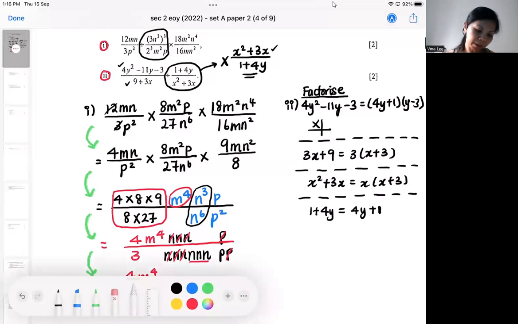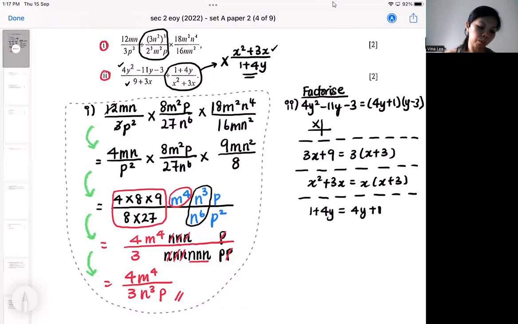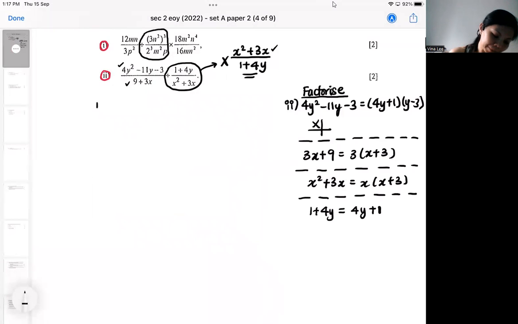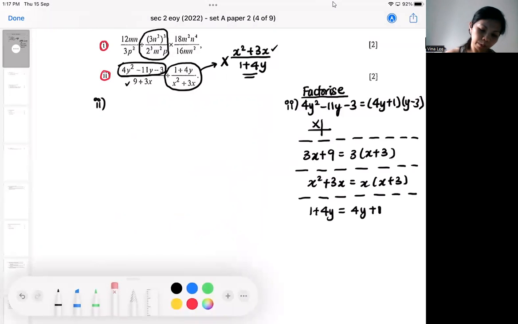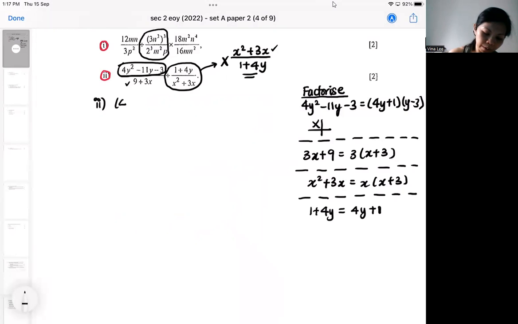So I'm going to erase my part 1. Before I attempt to factorize and cancel, I have my factorized column first. So I can replace this with my factorized column answer. You realize you already factorized, so you just put in your factorized answer.